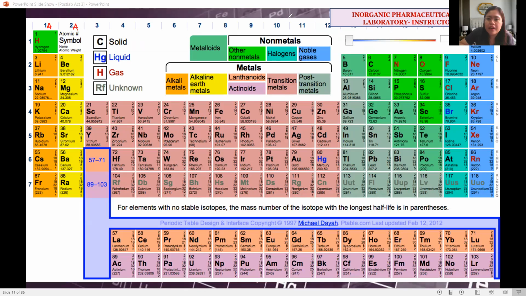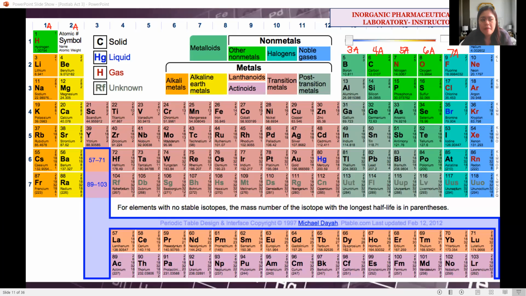We jump here: this is group 3A, the boron group. 4A is the carbon group. 5A is the nitrogen group. 6A, the chalcogen group or chalcogen family. Then 7A is called the halogen group. And lastly, this one is 8A, the noble gases.